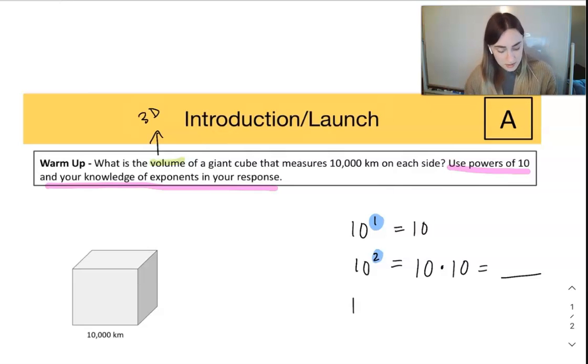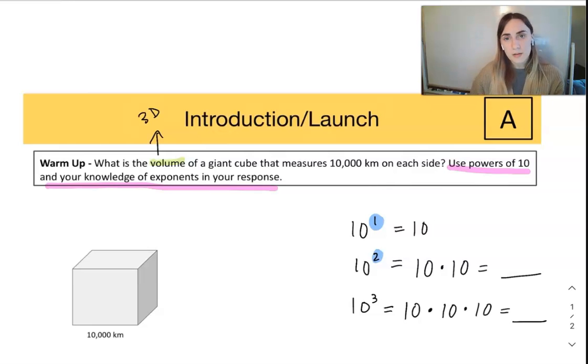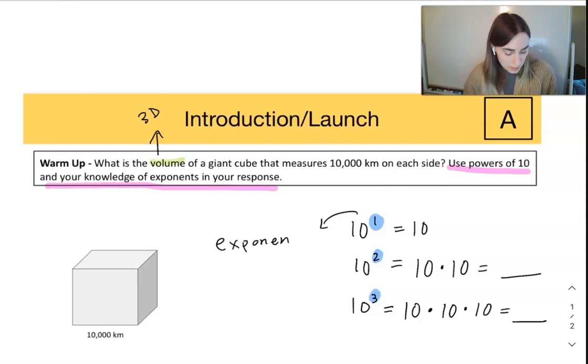Next, we have 10 to the third power, which would be 3 factors that are 10. So 10 times 10 times 10. What would that be equal to? And when you've thought through that pattern, remembering that our exponents in blue, and let's just review that word to remind ourselves, exponents, tell us how many factors that are 10 we will have.